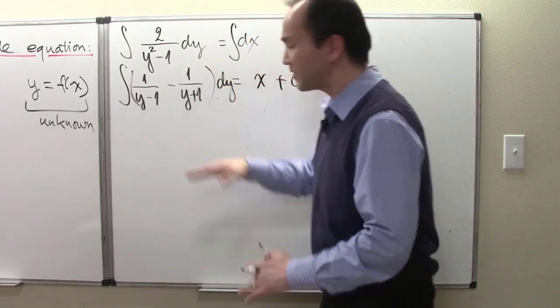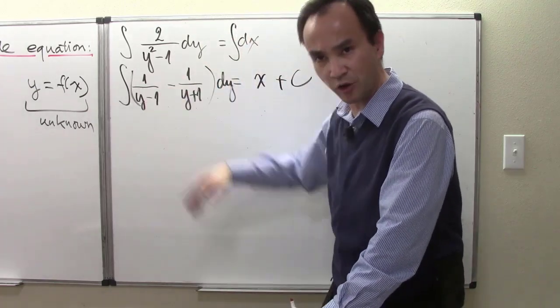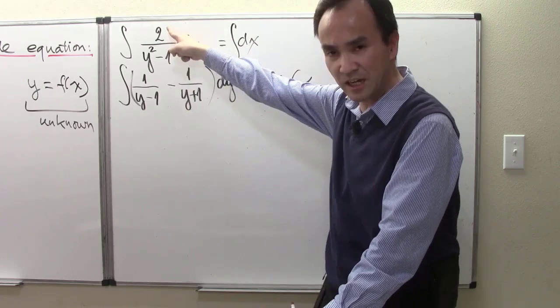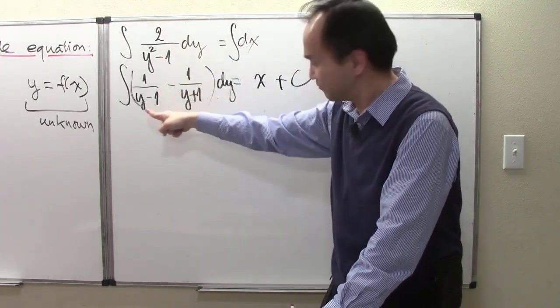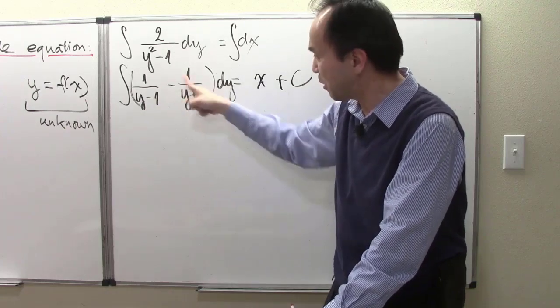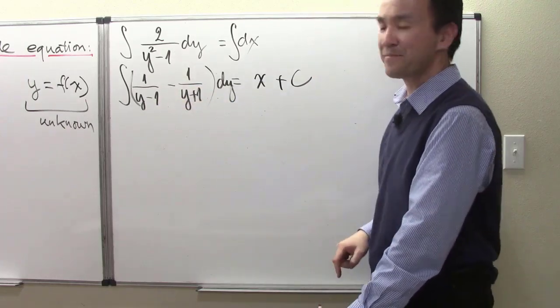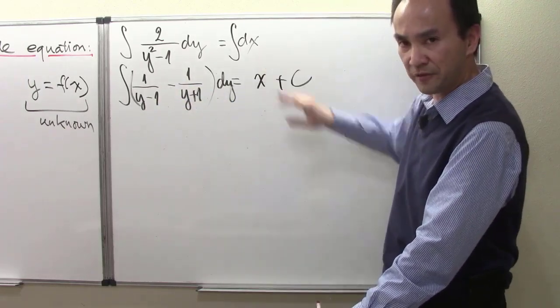On the left hand side I was still holding on to that integral because I wanted to point out that 2 over y squared minus 1 can be decomposed into the two partial fractions as written here. And the right hand side was already finished.